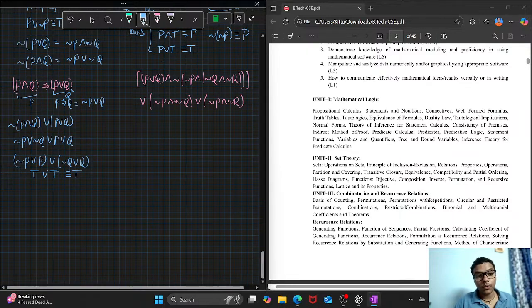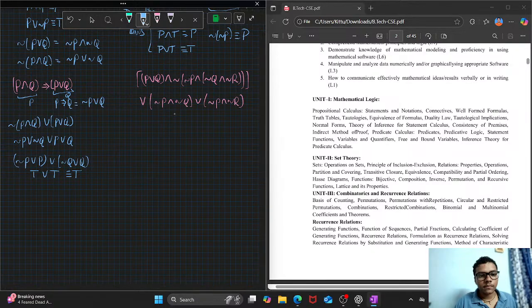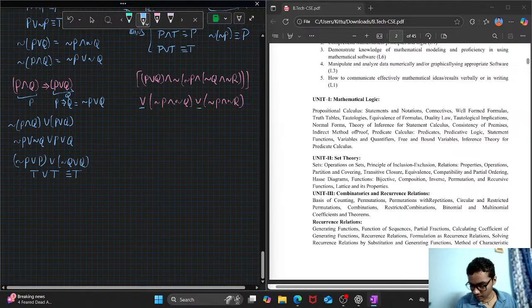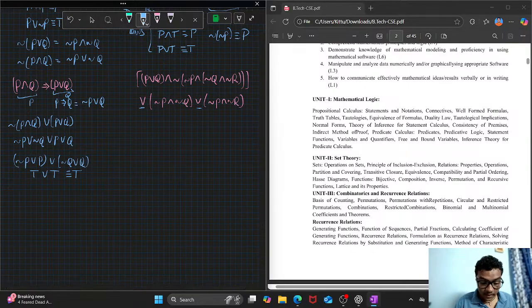So how to approach this problem in the first place? So this is an OR here, this is an OR here. If you just proved one of them are true, then you can say the entire statement is true. But okay, that is how it is happening actually. And this is an AND.